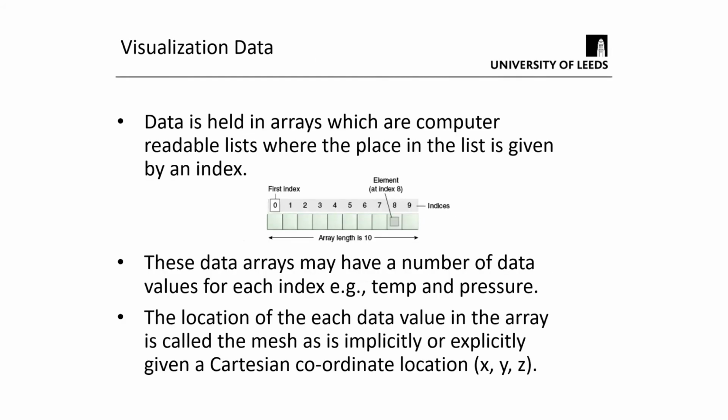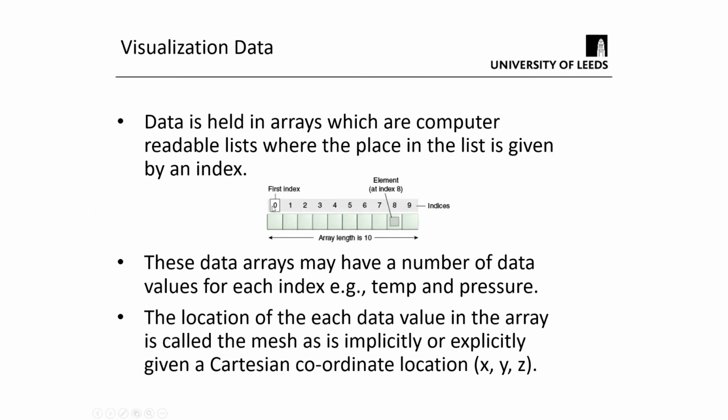So here's a little picture of what an array is. We call it contiguous memory. So this is a bit of memory on your computer that's all one after the other. That's what it means to have an array.